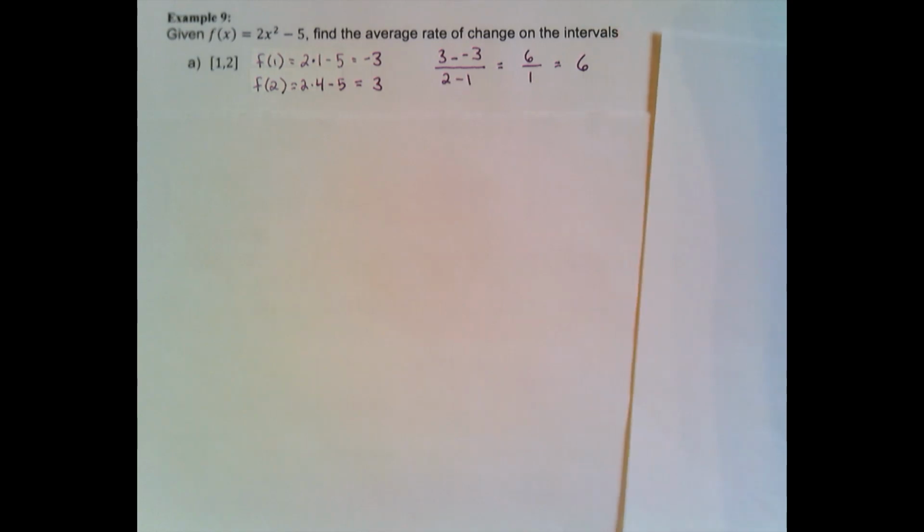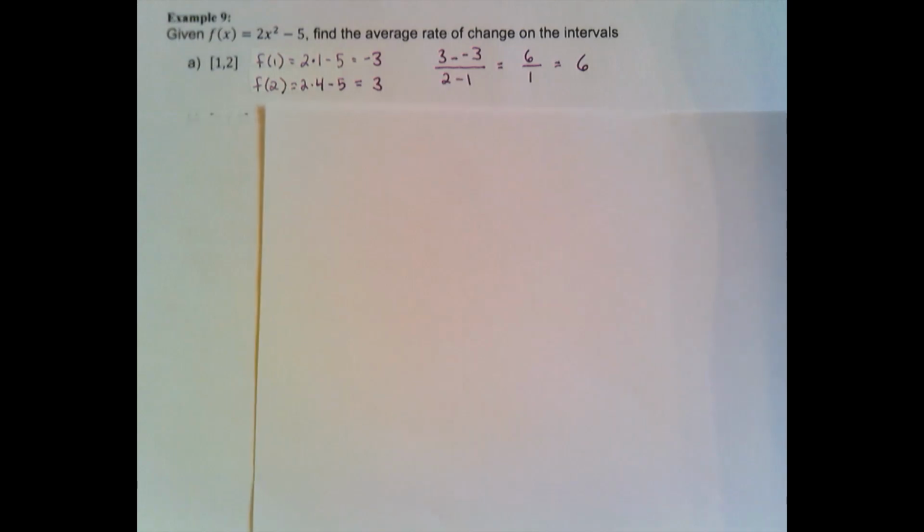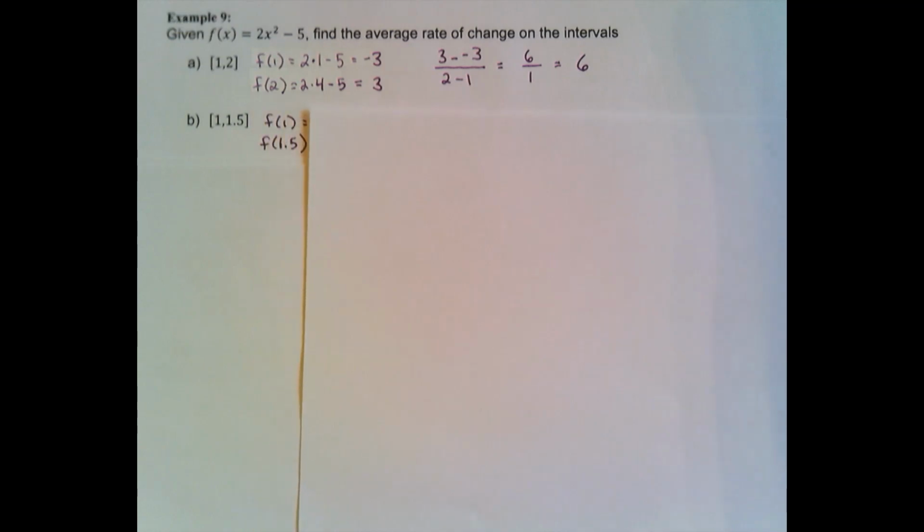Okay. Now we're going to go through the process of narrowing that window. So instead of doing a window from 1 to 2, we're going to do a window from 1 to 1.5. So again, we're going to find our f of 1 and f of 1.5. We plug those numbers into the equation, and we get values of -3 and -0.5.